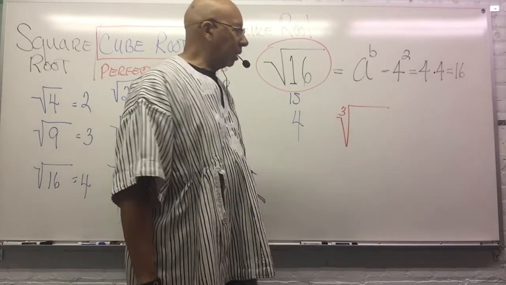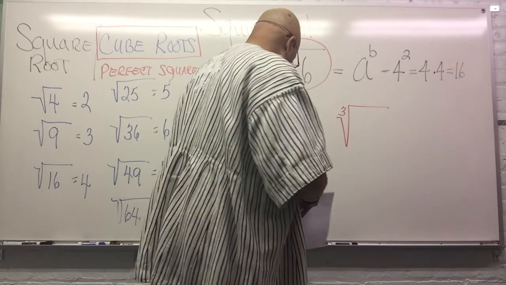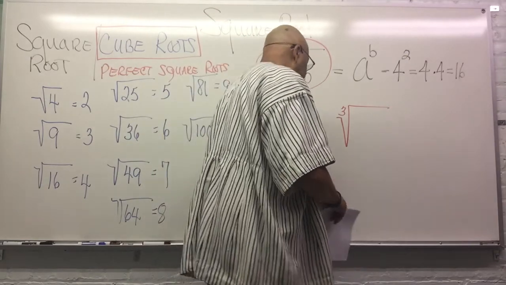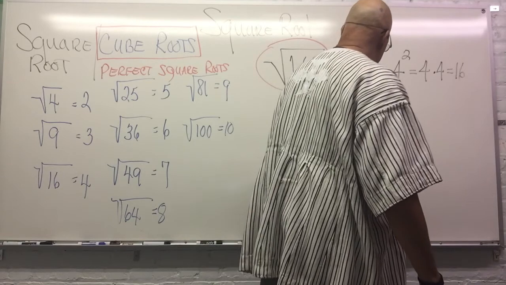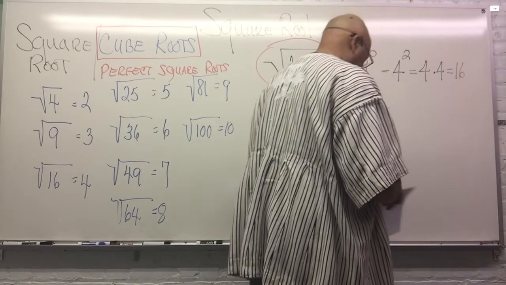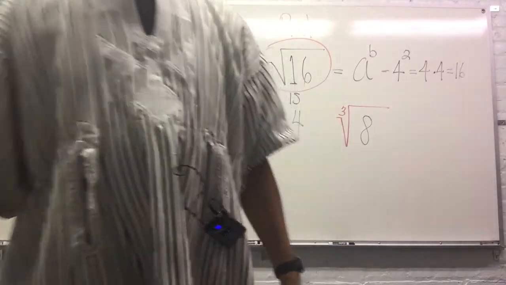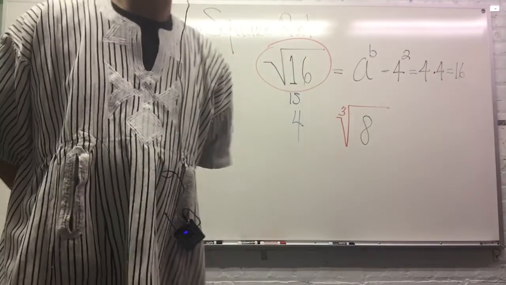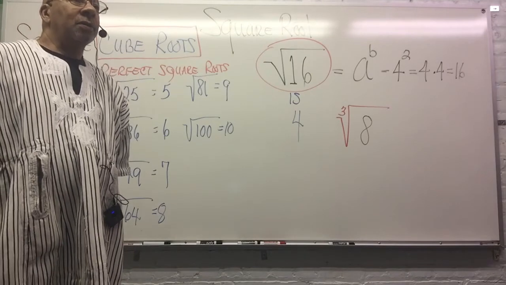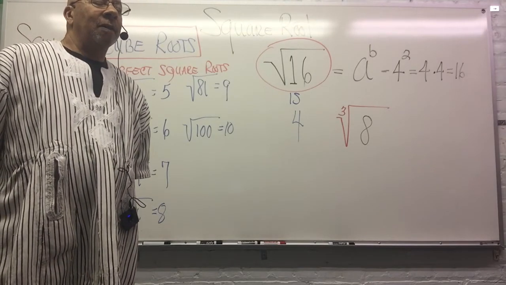So let's say we had an example. I say, what is the cube root of 8? In your mind, you say, that means I have to figure out what number used as a factor 3 times will make 8.